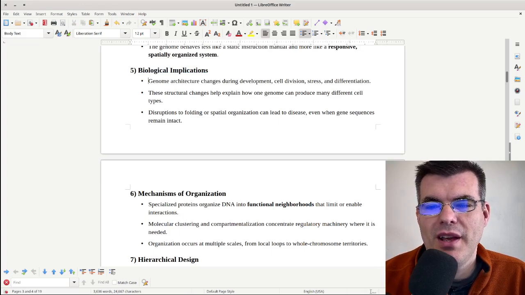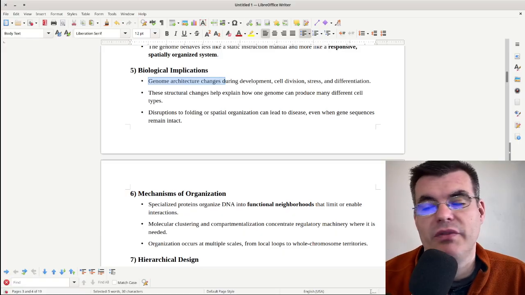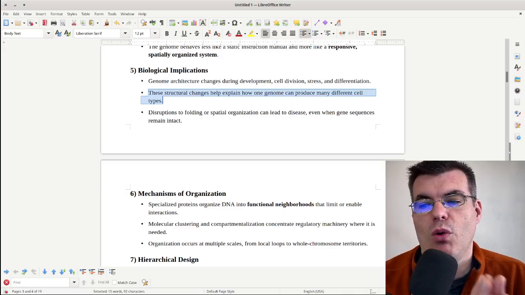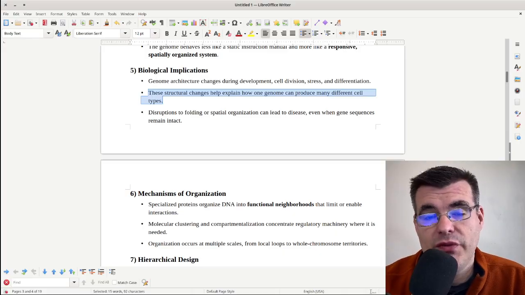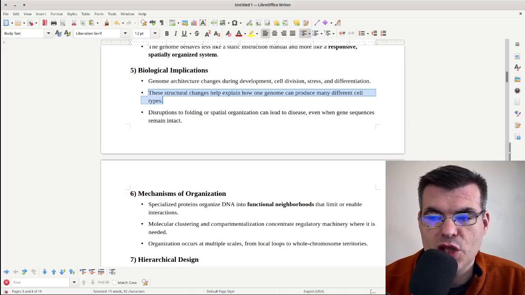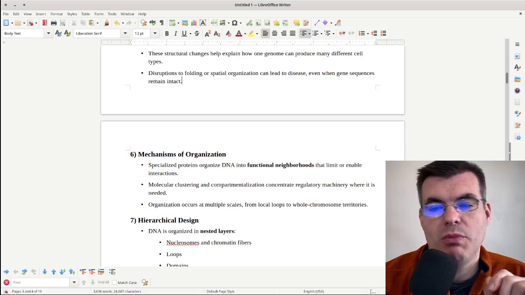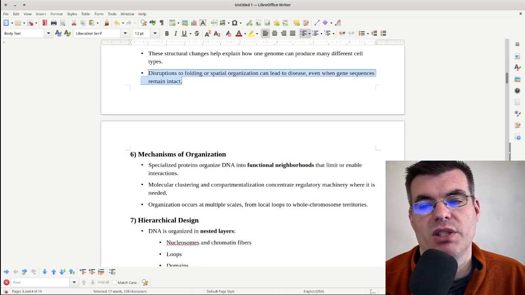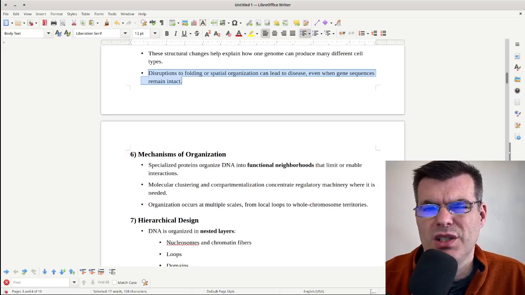Genome architecture changes during development, cell division, stress, and differentiation. These structural changes help explain how one genome can produce many different cell types. Disruptions to folding or spatial organization can lead to disease, even if the gene sequence remains intact. So genetically, you might be totally fine, but because of disruptions in folding, spatial organization, and 3D structure, you could have disease that manifests itself, which is interesting.